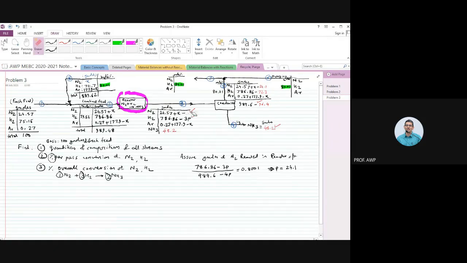Simplify. Keep the number of unknowns as low as possible. We still have X as unknown.